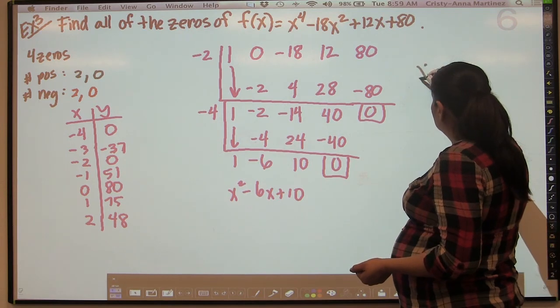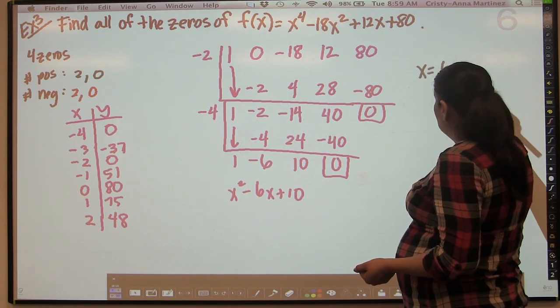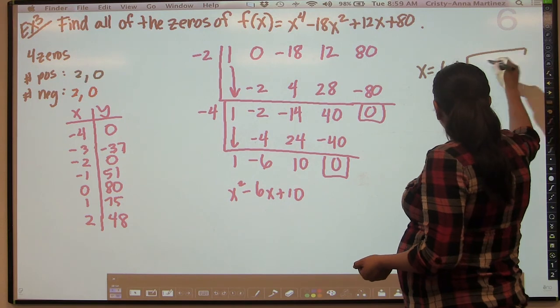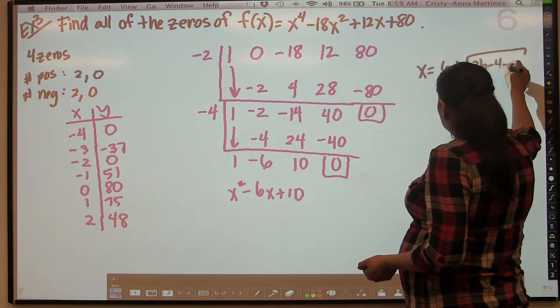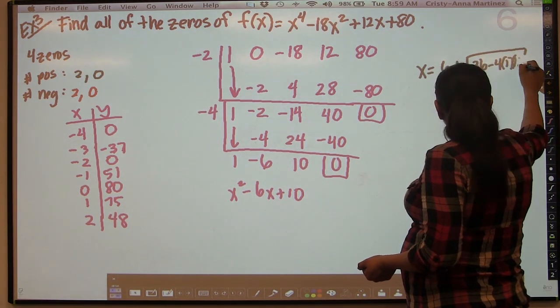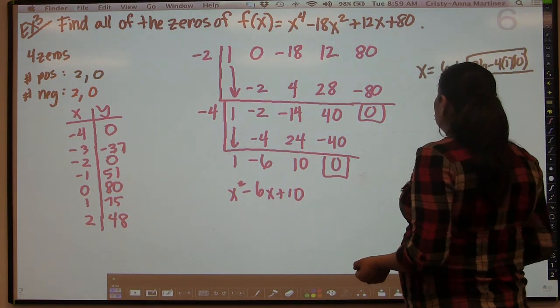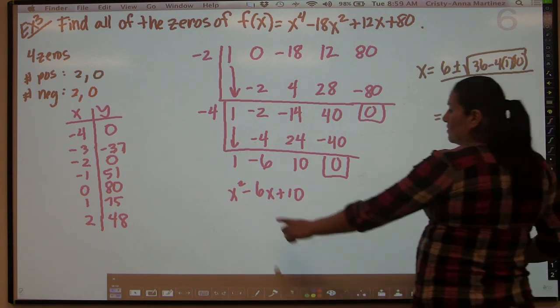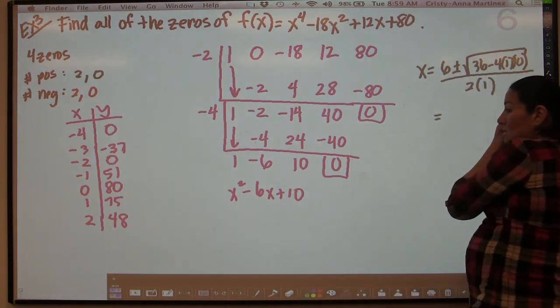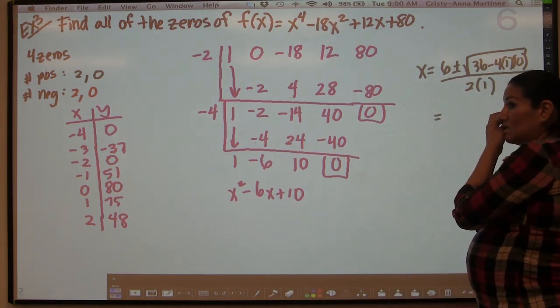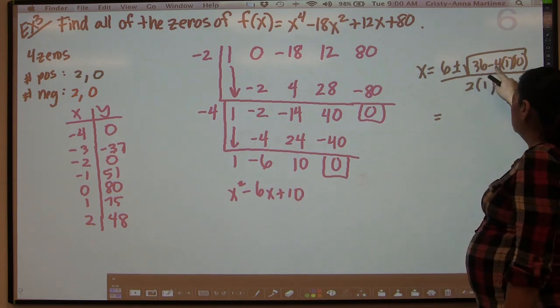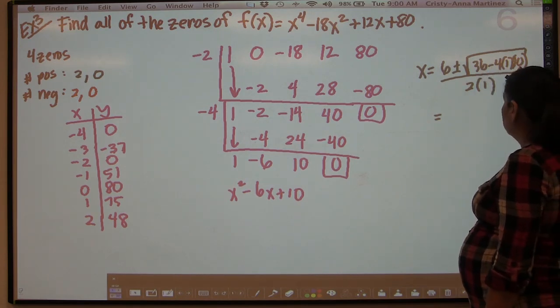So I'm going to go x equals -b plus or minus radical b squared minus 4ac all divided by 2a. Notice that when I said x equals -b, since b was already negative, it made it into a +6. And then b squared, -6 times -6 is positive 36, minus 4 times 1 times 10.